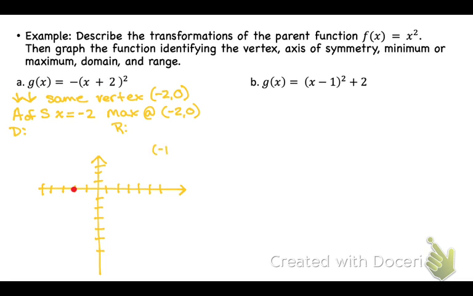If I use negative 1 and plug it in, negative 1 plus 2 is 1, squared is 1, and then you have a negative, so it's negative 1. So the other point I have is negative 1, negative 1. And then it would also be negative 3, negative 1, wouldn't it? Because it's symmetrical. Yep. And then I draw my curve.